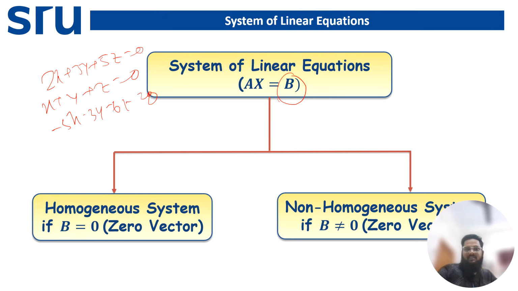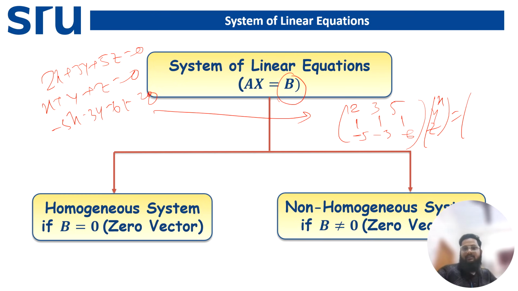If you convert this system to matrix form, the coefficients are 2, 3, 5, 1, 1, 1, -5, -3, -6. This is A. How many variables are there? X, Y, and Z. So [x, y, z] equals the right hand side vector 0, 0, 0. If these are all 0, this is called a homogeneous system.